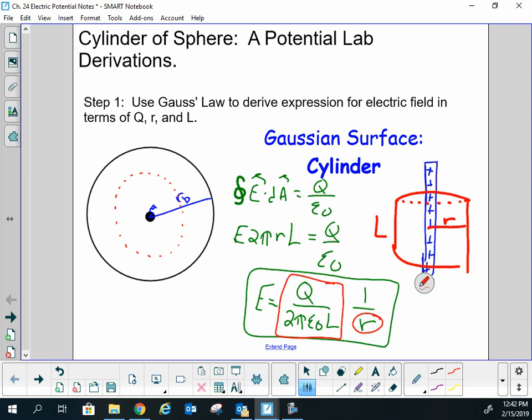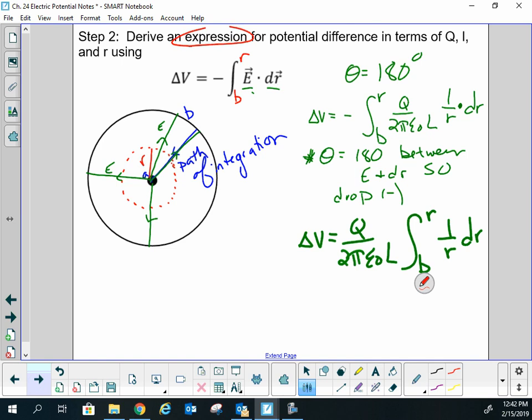So then our next step is to derive an expression for the potential difference, right? So that's going to be our potential difference in terms of, again, Q, and that should be a capital L. I know that looks like an I, so let's not make that confusing. Q, L, and R, using that relationship between potential difference and electric field.